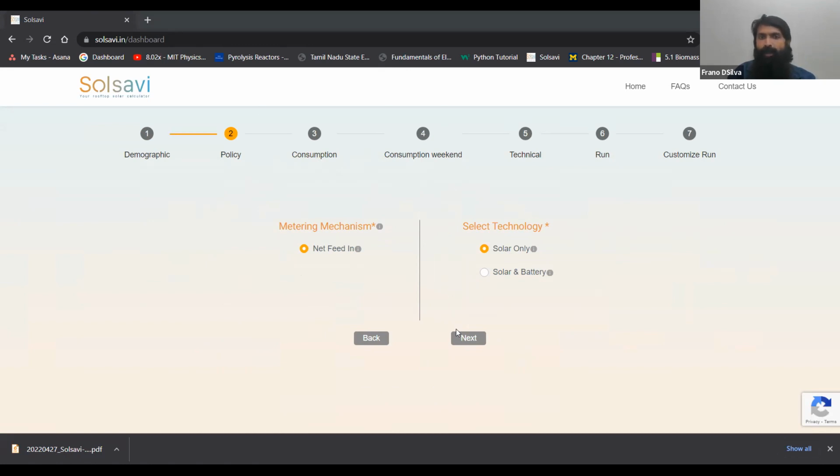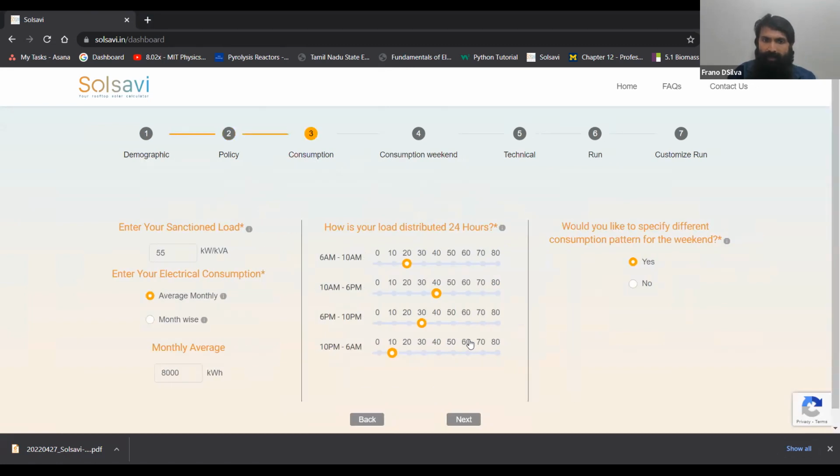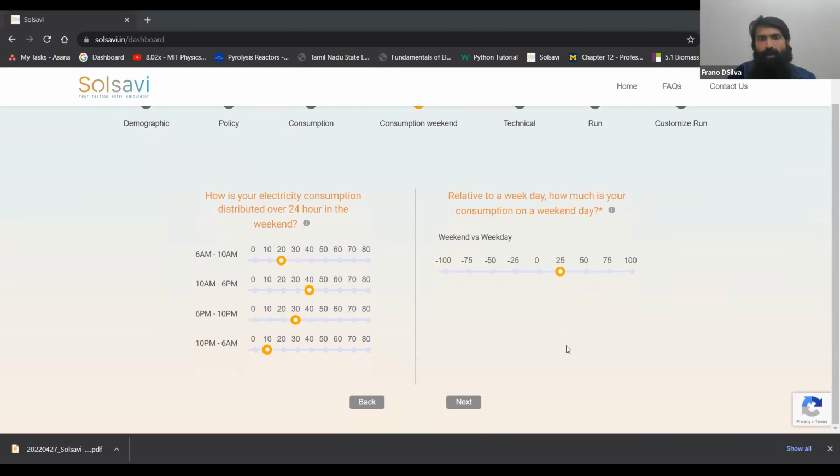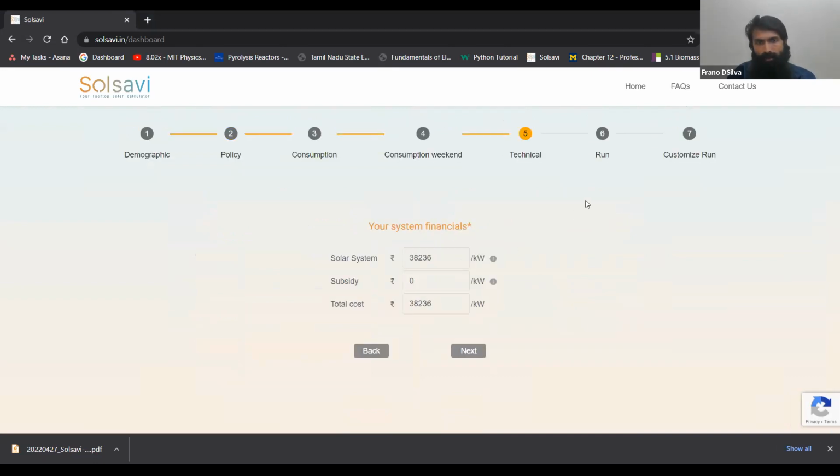Moving further, having defined a consumption pattern and the weekend consumption pattern, we move forward to our technical details. As it is a solar system and as mentioned before, the technical financial details are taken from the Ministry of New Renewable Energy benchmark cost released in the latter half of 2021. These are suggestive costs for your solar panel per unit, that is per kilowatt.